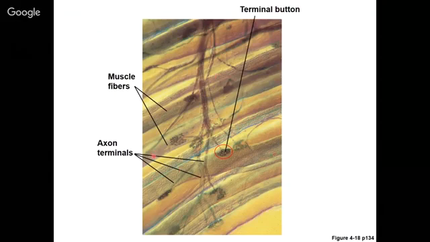And here you can see the motor neuron has these thin axon terminals, okay, and each terminal innervates or connects with a muscle fiber via one of these terminal buttons that you see here, okay. So this is what it kind of looks like in real life. And each of these little terminal buttons would cause contraction of a muscle fiber, okay?